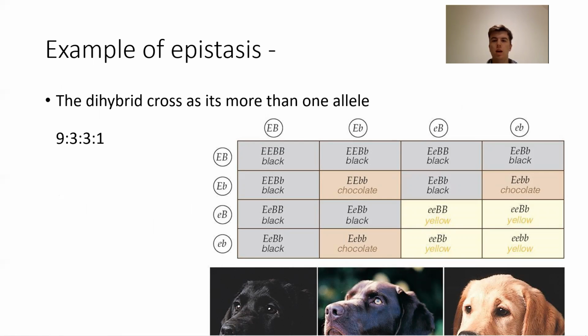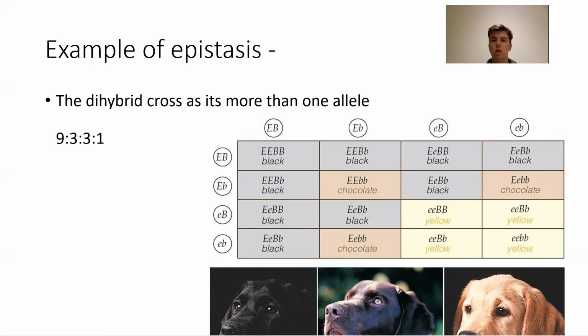We also have B, capital B being black, which is dominant, and little b being brown. If you have two small b's, then it will be chocolate, and if you are homozygous or heterozygous with a capital B, then it will be black.